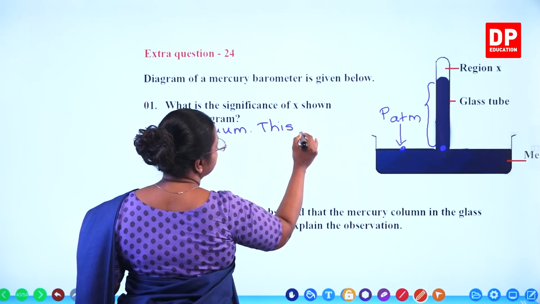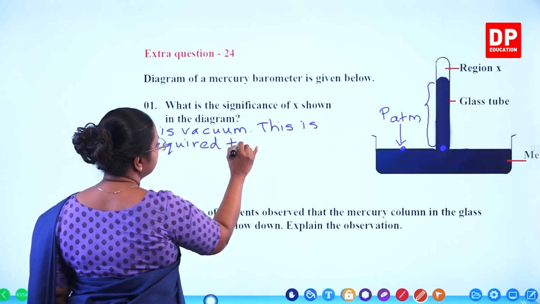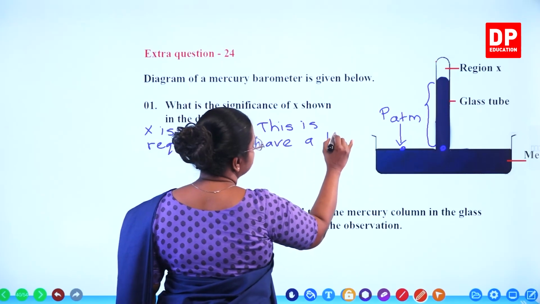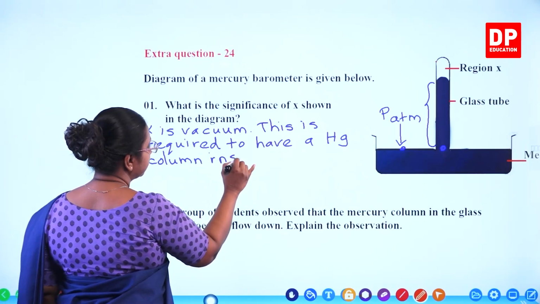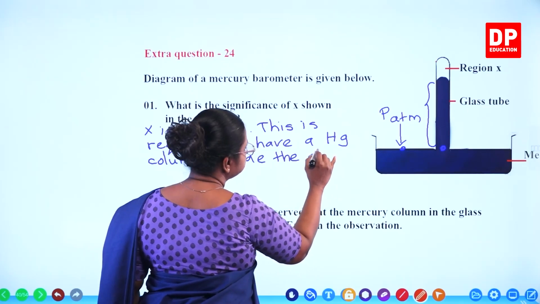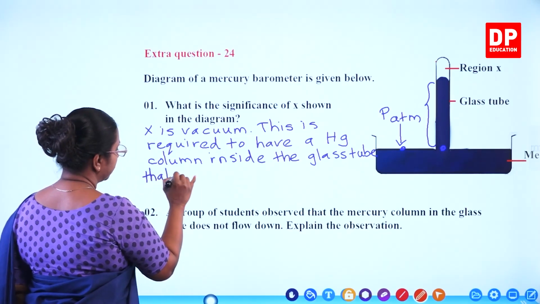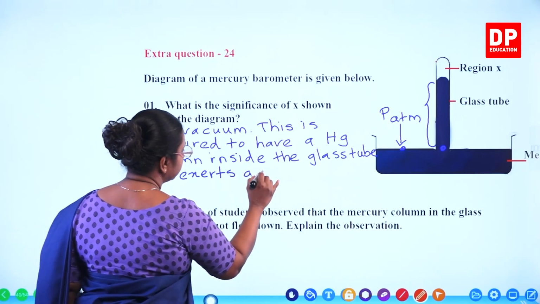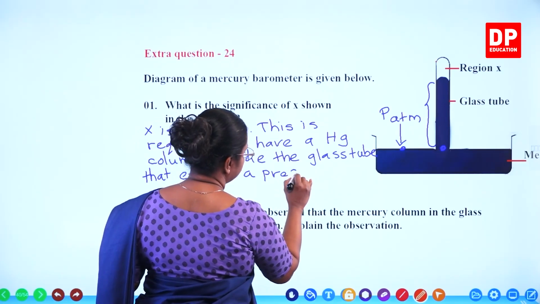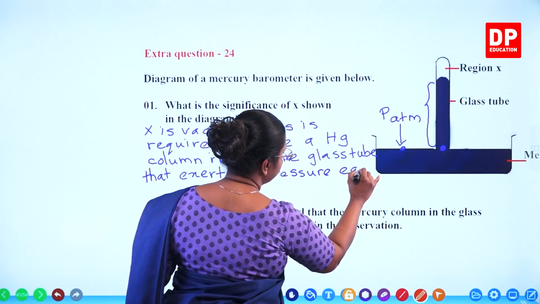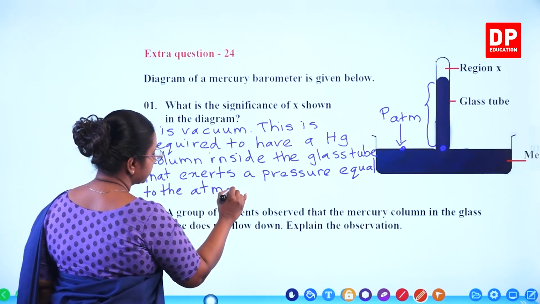This is required to have a mercury column inside the glass tube that exerts a pressure equal to the atmospheric pressure.